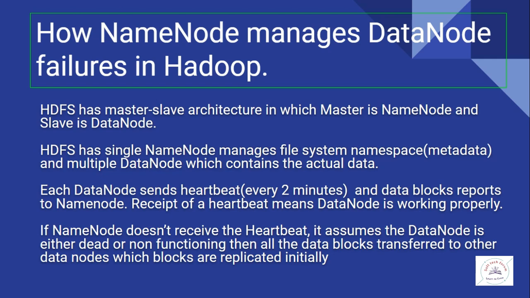Each data node sends heartbeat usually every 2 minutes and data block reports to Namenode. Receipt of a heartbeat means data node is working properly. If Namenode doesn't receive the heartbeat, it assumes the data node is either dead or not functioning. Then all the data blocks transfer to other data nodes, where the blocks are replicated initially.